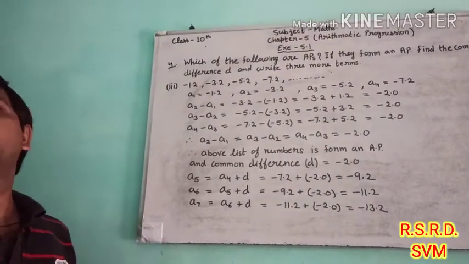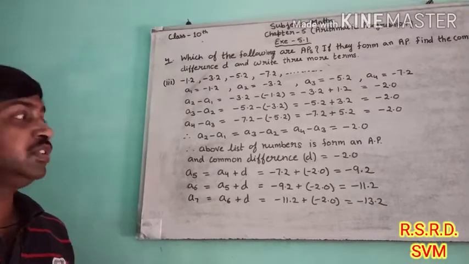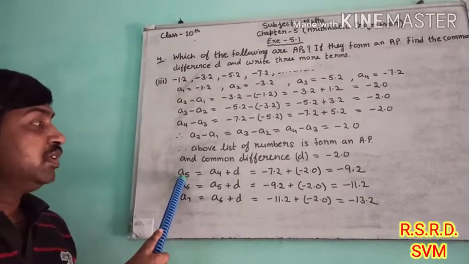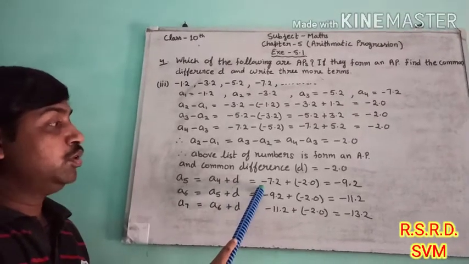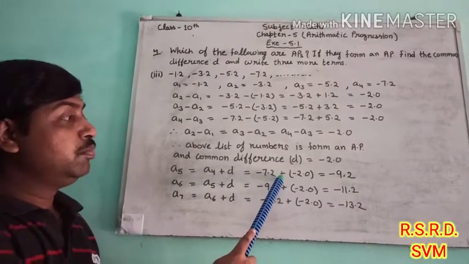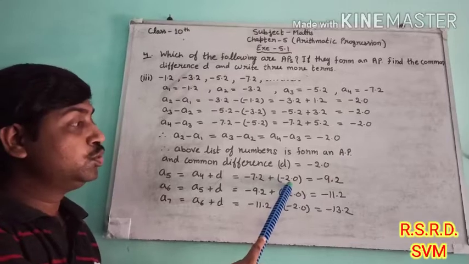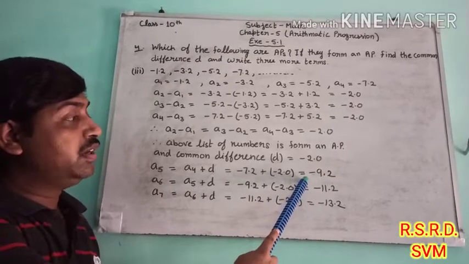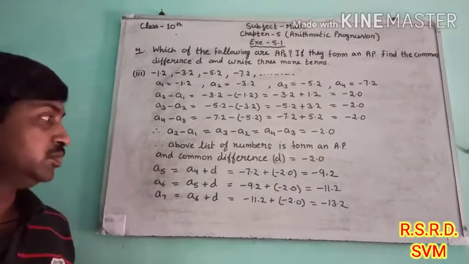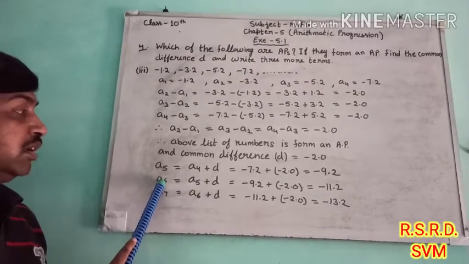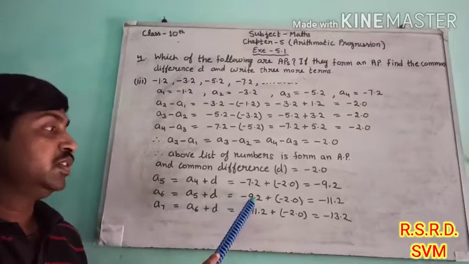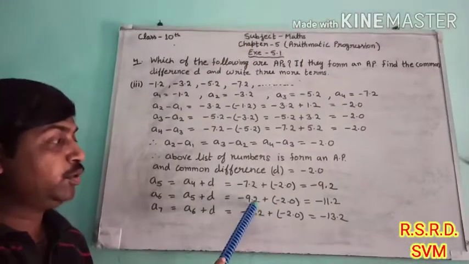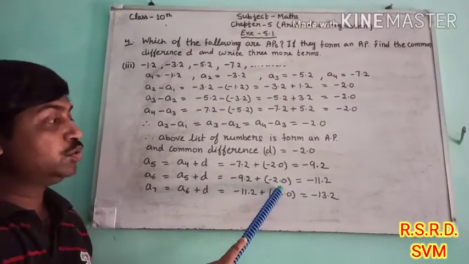Now we calculate the next 3 terms. The fifth term is the fourth term plus the common difference, equal to minus 7.2 plus minus 2. We get minus 9.2. Similarly, the sixth term equals the fifth term plus the common difference, that is minus 9.2 plus minus 2.